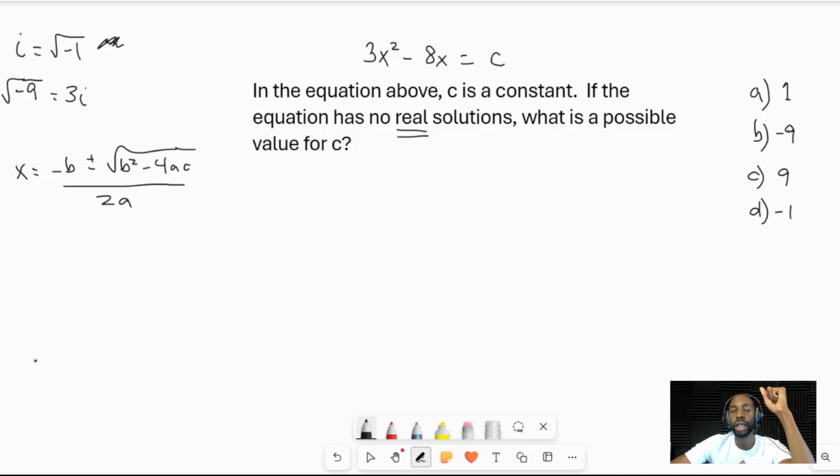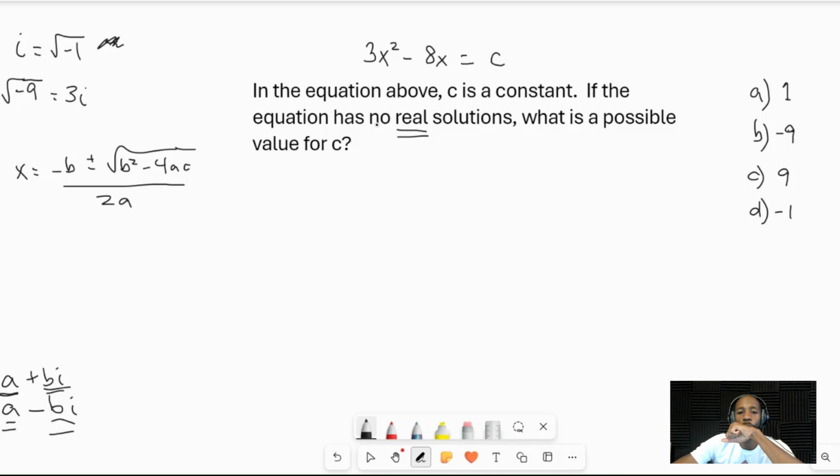Complex numbers have a real part and an imaginary part. This is your real part, and this is your imaginary part because it has the i multiplied by it.